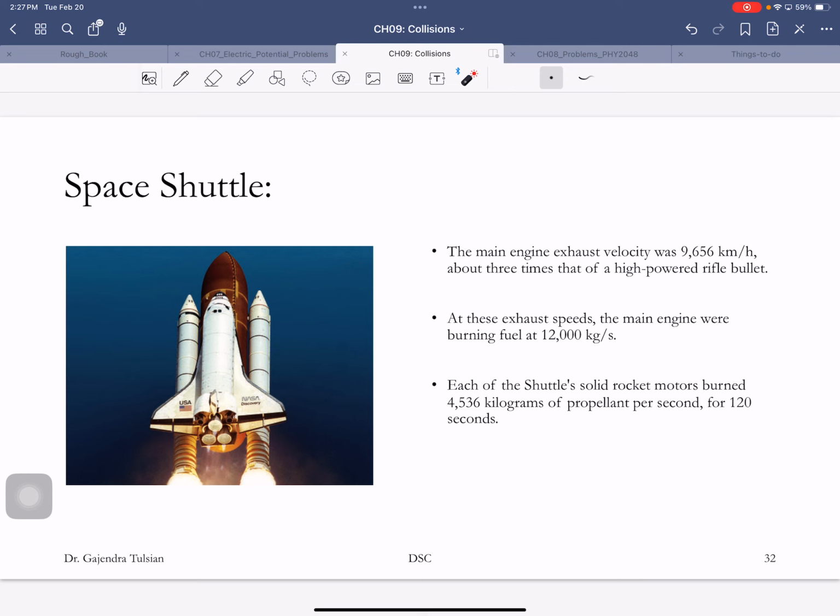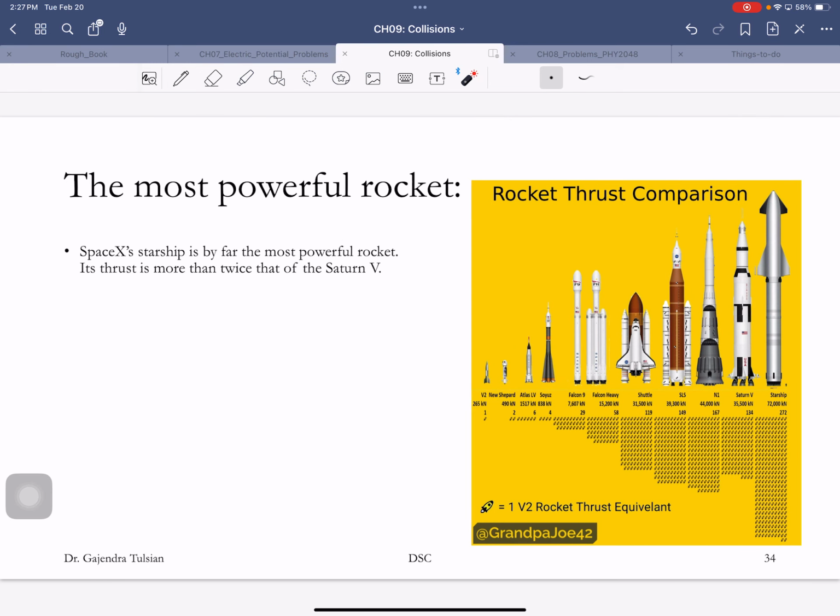And that's not even the solid rocket boosters. Each of the shuttle solid rocket boosters burned 5,000 kilograms of propellant per second. So at the launch pad, 1,200 plus 10,000, about 22 little cars were being burned per second. And look at this. There's the shuttle.